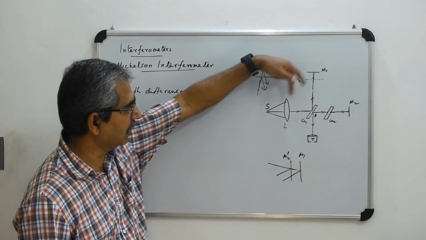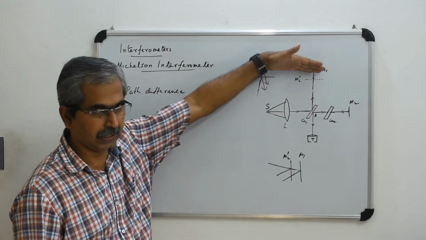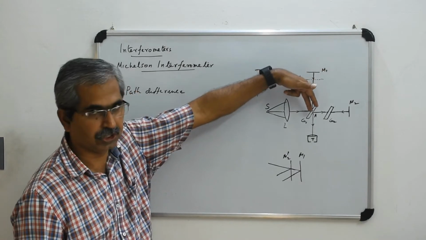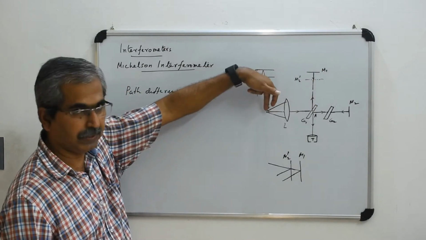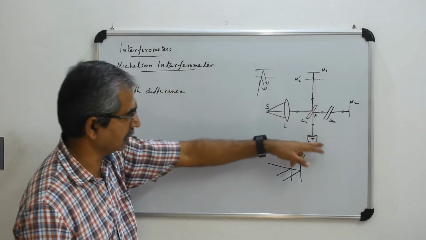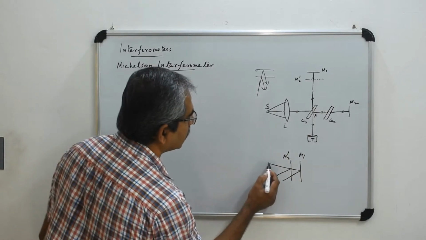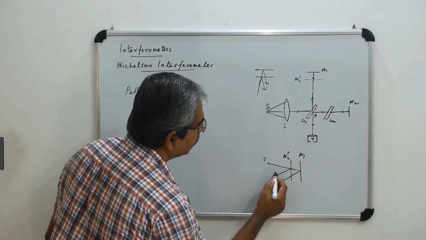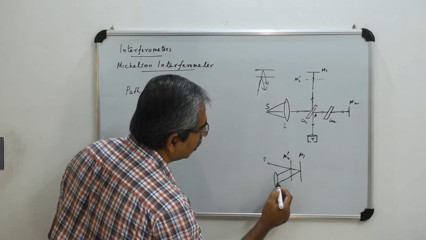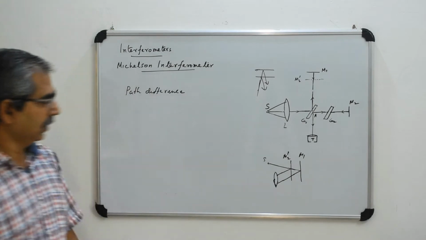It appears that the light source is also along this particular direction, isn't it? You will see the image because there is a reflection. So where will S be? S will be along the same direction, somewhere here. So here we have S, the source, and here there is a telescope or the eye of an observer.